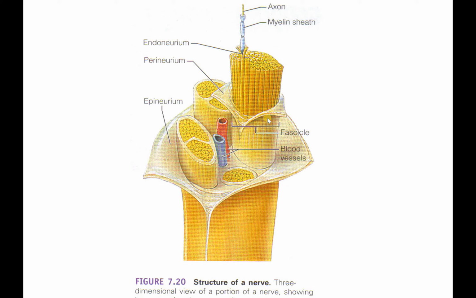And that perineurium creates a fascicle. So in this particular picture, you're seeing 1, 2, 3, 4 fascicles. All the fascicles bound together is wrapped by the epineurium. There are blood vessels that do supply our nerves.